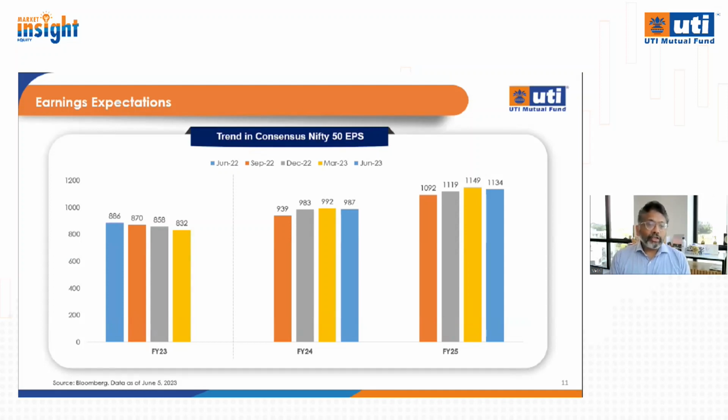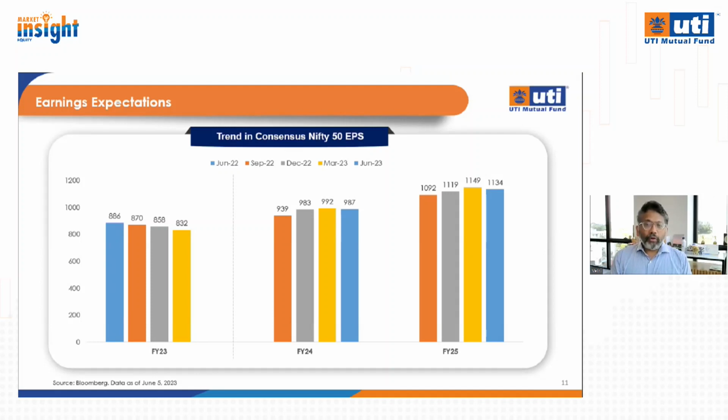The expectation in June 22 was March 23 EPS would be about 886, but by the end of the year, the expectation came down to 832. And remember, the actual number came in at 817. So almost an 8 or 9% cut to the expectation of EPS that was there in June of 22, exactly a year ago, in terms of delivery.